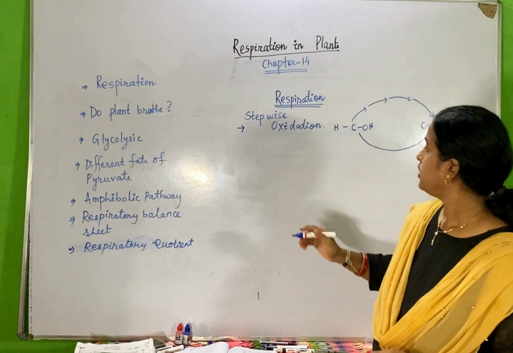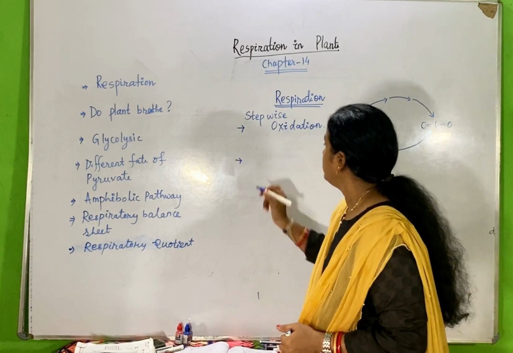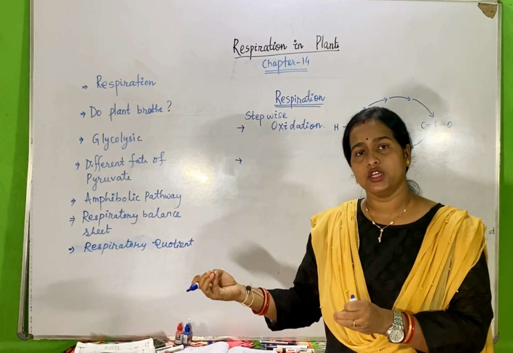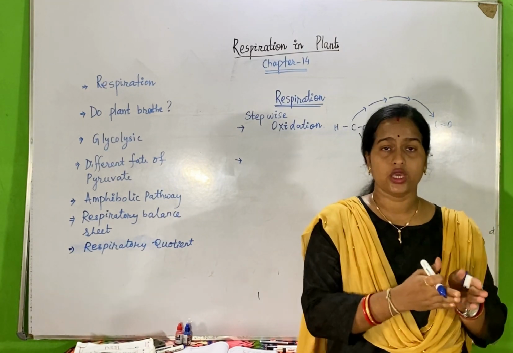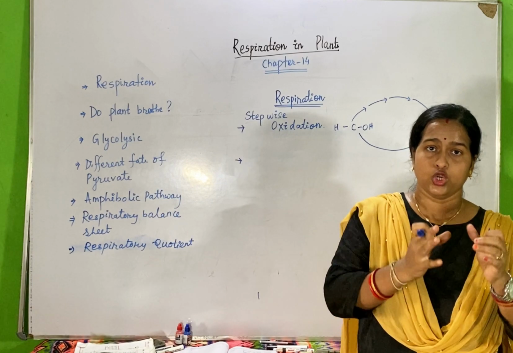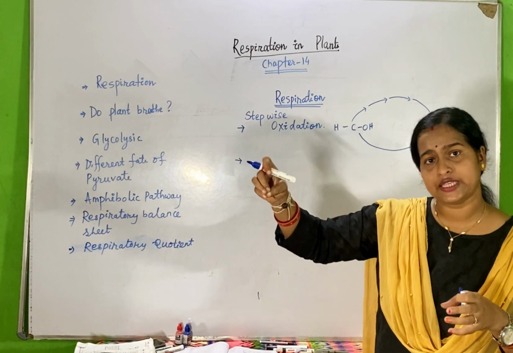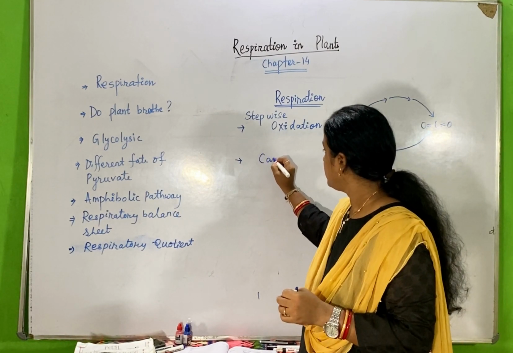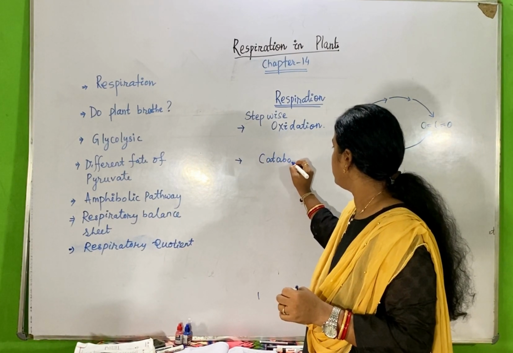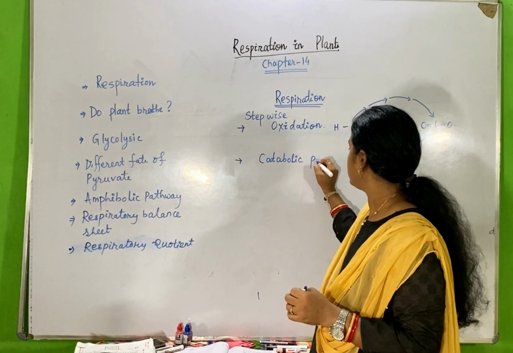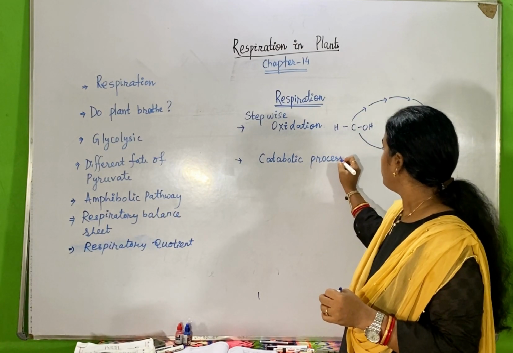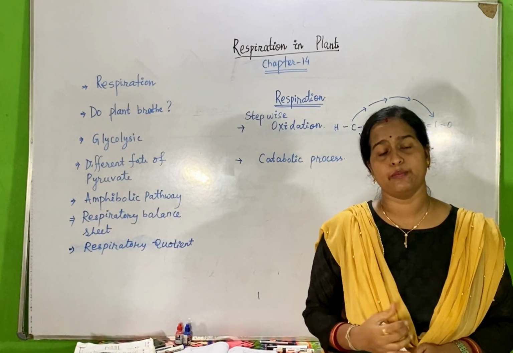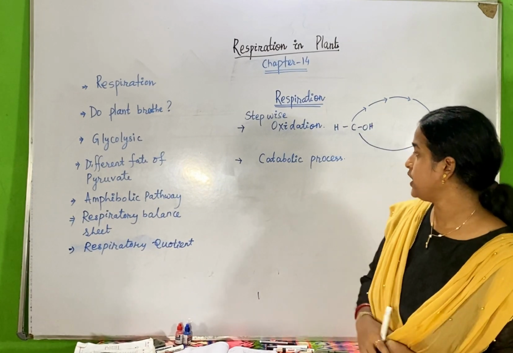Correct? Then the second point: we break the carbon compound and make carbon dioxide. So we are breaking the compound from complex to simple. Which process is that? Catabolic process. That means we are making simpler components from the complex one.